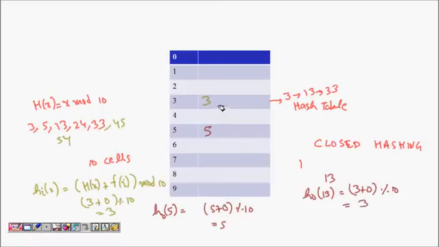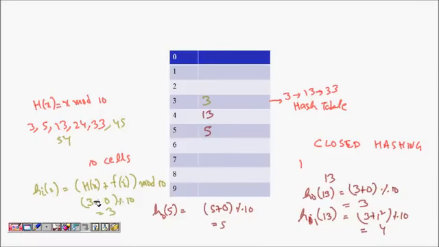But 3 is already occupied, so we try an alternate location for 13 with i equal to 1. This will be 3 plus 1 square, percentage 10, so this is 4, and I will put 13 here.